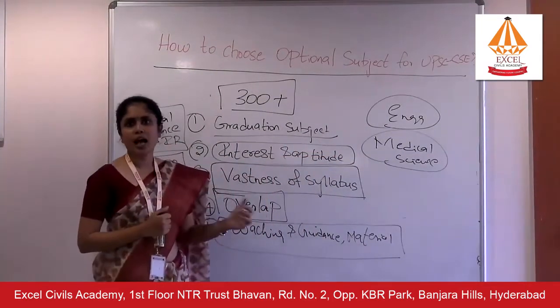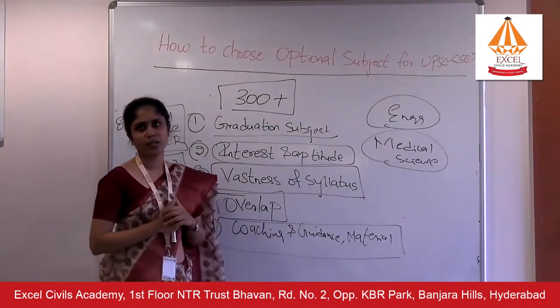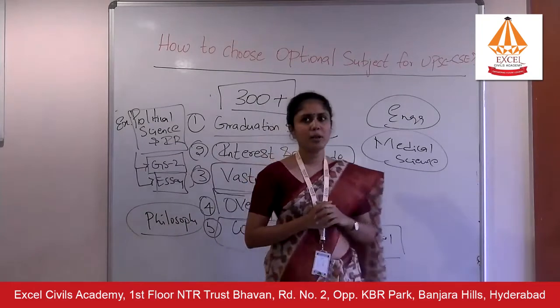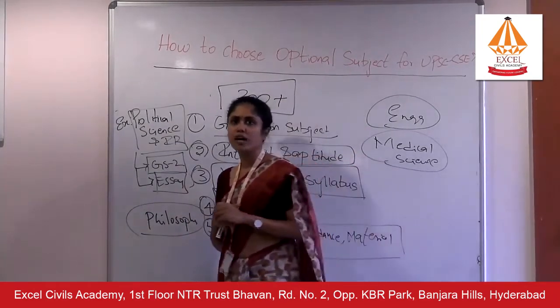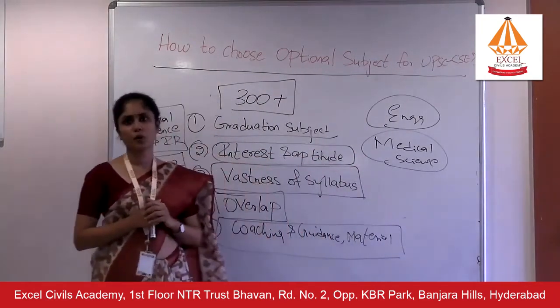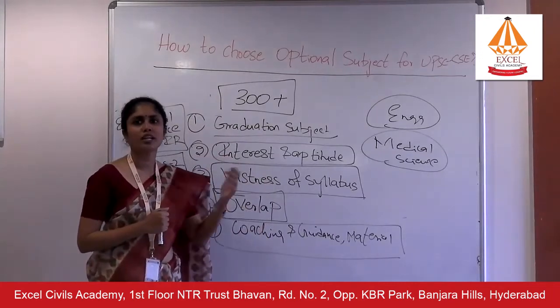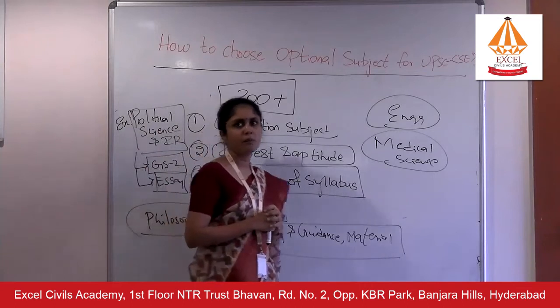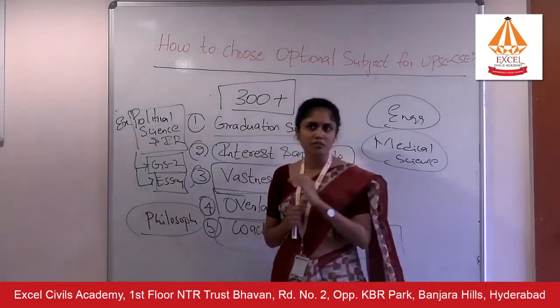For example, anthropology is very famous in Hyderabad. Many students tend to take anthropology as their optional, but you will find it very difficult to find a good test series for anthropology, right? But for political science, for public administration, it is very easy to find test series, right? Because answer writing practice is very important for your optionals.